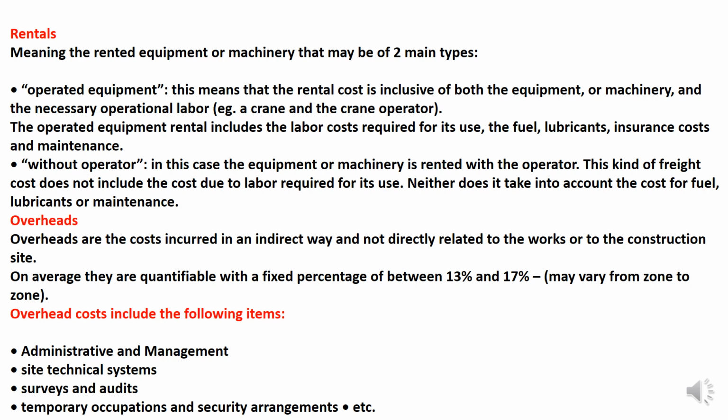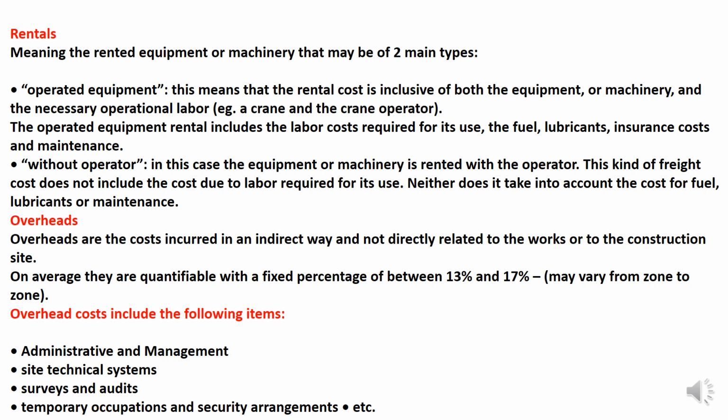Without operator, in this case the equipment or machinery is rented without the operator. The rental cost does not include the cost due to labor for its use, neither does it take into account the cost of fuel, lubricants or maintenance.